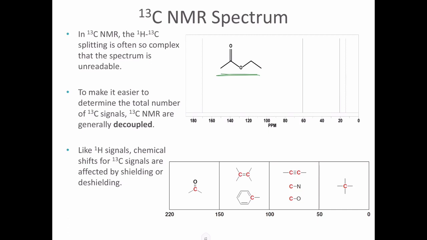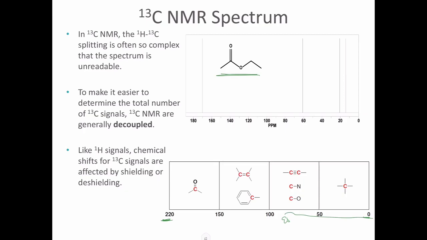In the carbon NMR spectrum, the chemical shift ranges from 0 all the way to 220 for the purposes of this class. If we have single carbon-carbon bonds, they are going to show up between 0 and around 90.